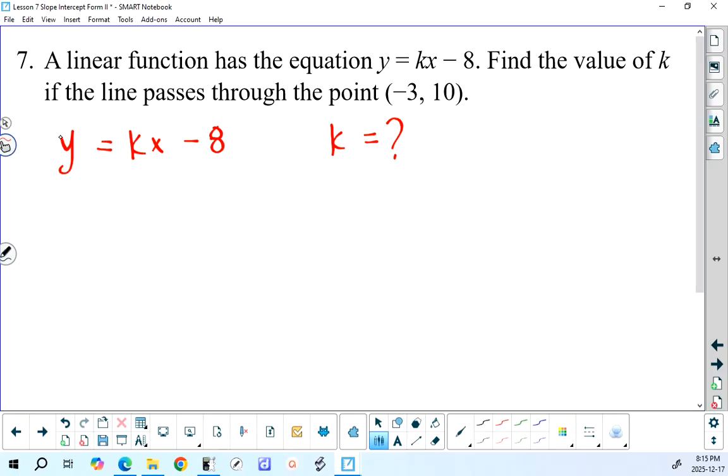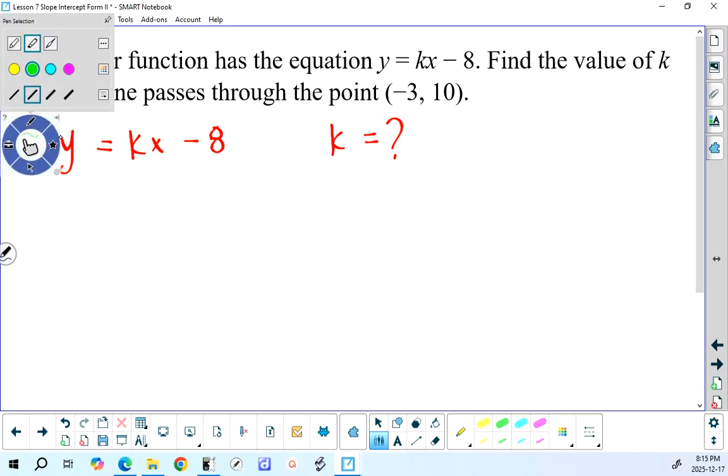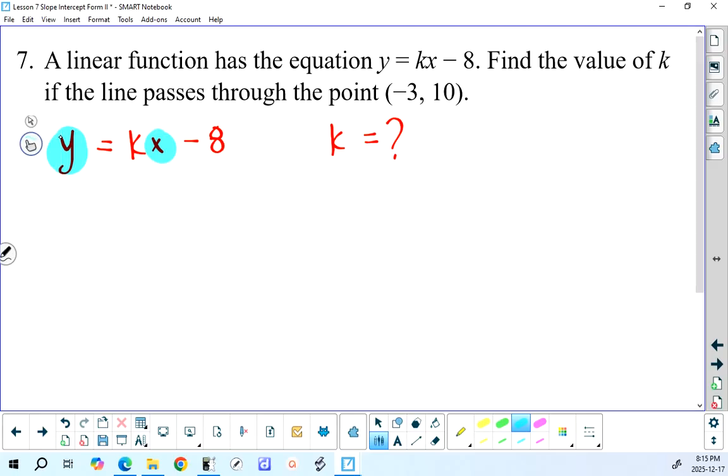But you know that x and y are the variables. Everything else in the equation is a parameter, which means it's a number that's the same all the time, whereas the variables change. So this k is a missing parameter.